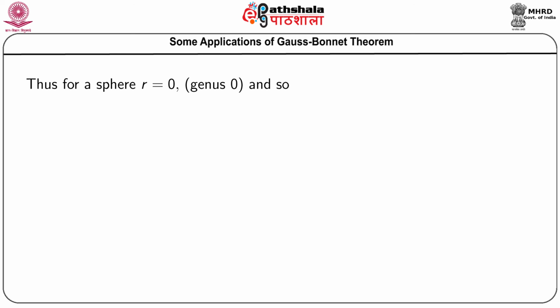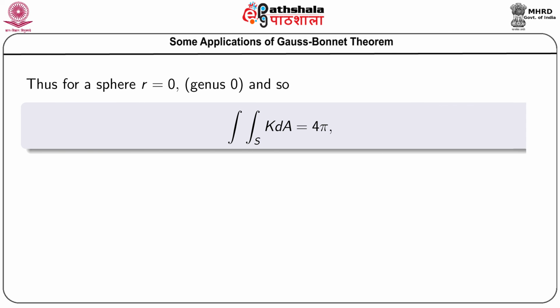That is, for a sphere R equals 0, because sphere is a surface of genus 0, because it has no hole, and so putting the value of R, we get the integral curvature equal to 4 pi.